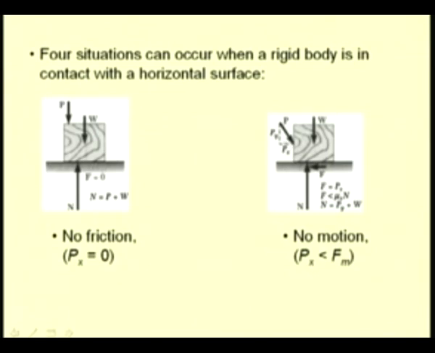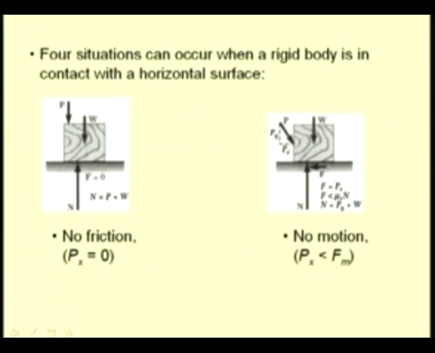Here one should know that this frictional force F is not equal to mu times N. Mu s times N is the maximum limiting value, and when the object is not in the impending motion state, this frictional force is less than that, and it is only equal and opposite to the forces that tend to cause the motion.